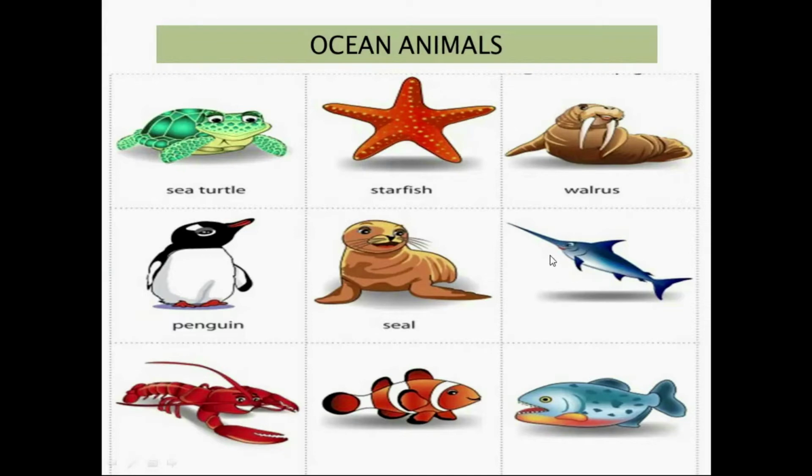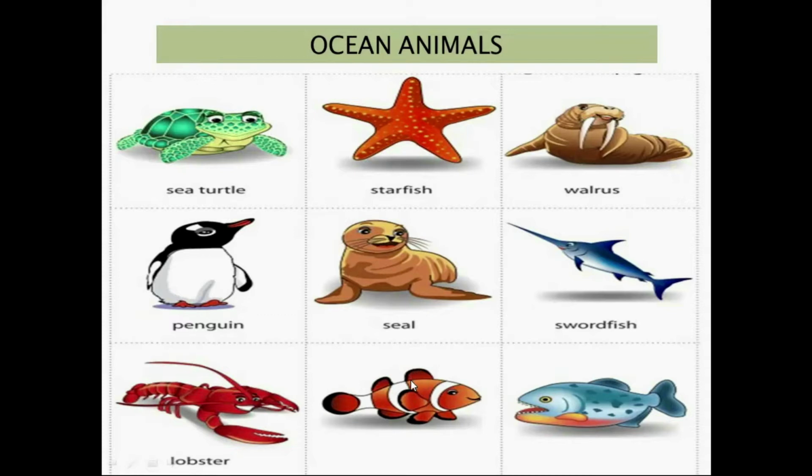And then, have you noticed that this fish has a nose which looks like a sword? So we call this fish swordfish. And then this smiling red colored animal is called lobster. Then we have this animal with two different colors.